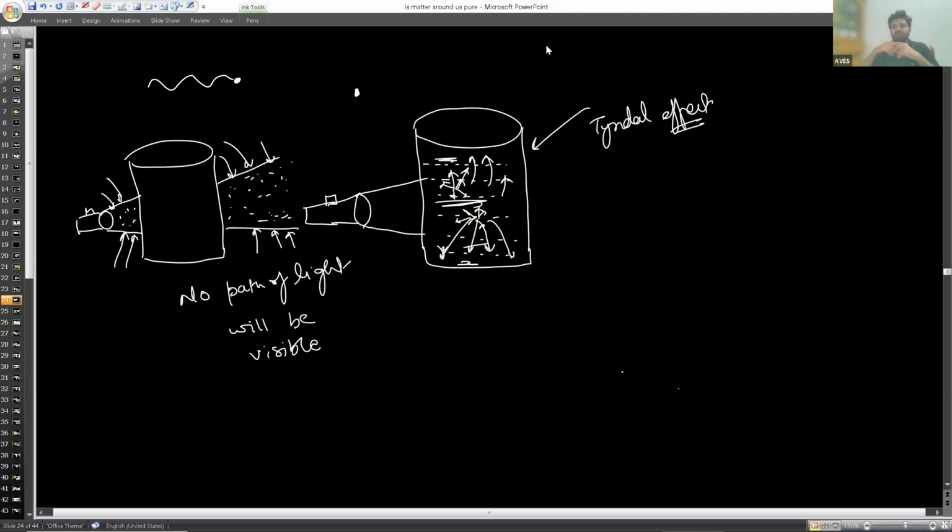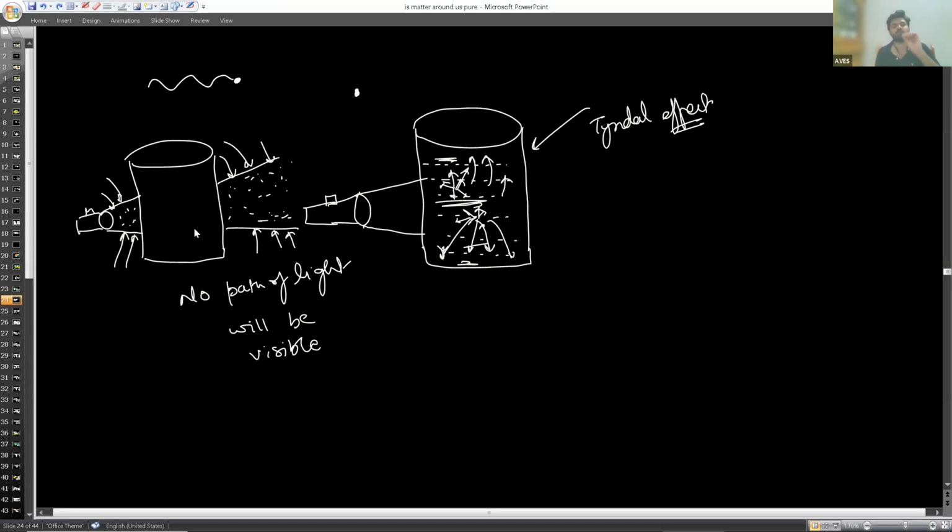For example, if the light is traveling this way and I want to see its path, there must be dust particles, or the particle size must be big enough to scatter the beam of light. If the particle size is very, very small, it cannot scatter, and the path of light will not be visible. Got it?